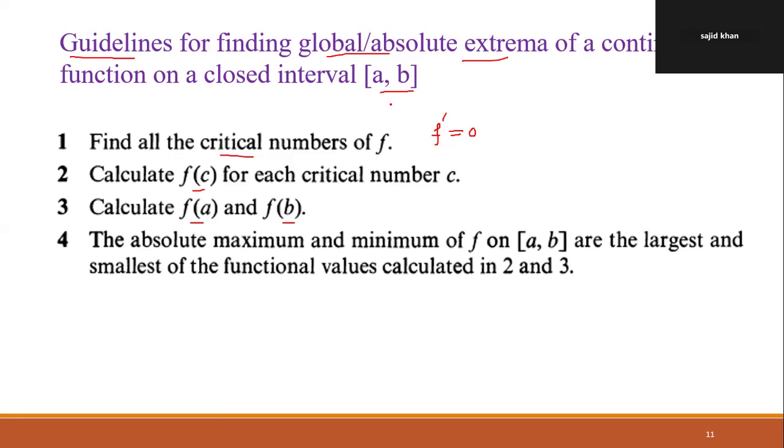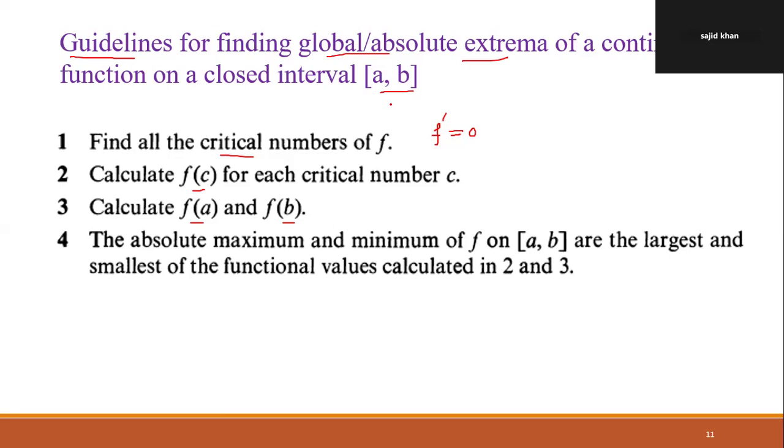So what are the chances of extreme values in the interval except A and B? A and B are the boundary points, and it is easy to calculate the function value at A and B. And where do extreme values exist other than A and B? Only over the critical numbers.